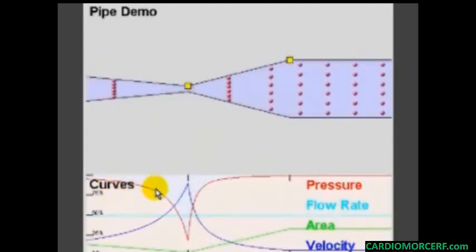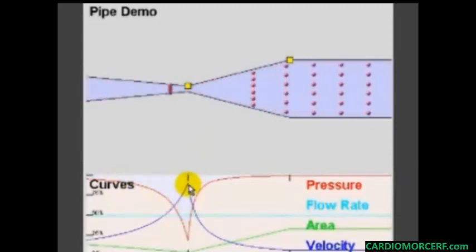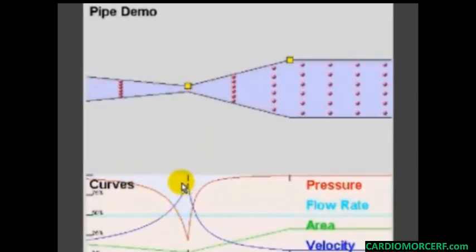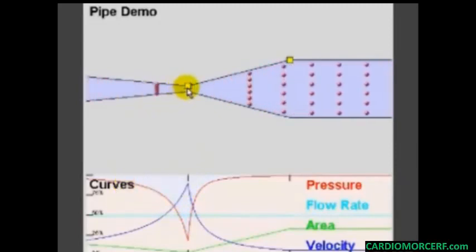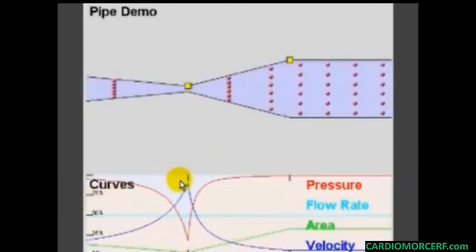Notice that the peak of the pressure drop is at the peak of velocity flow. The total energy is conserved. Hence, the flow rate, that means the velocity, multiplied by the area, remains the same. The mass is conserved.